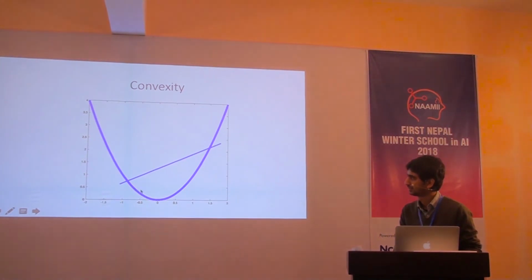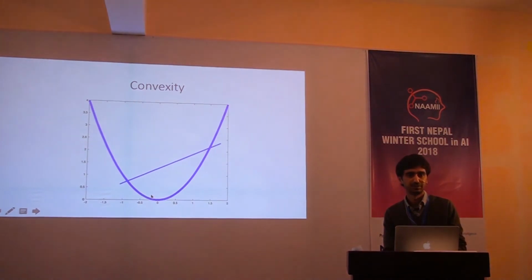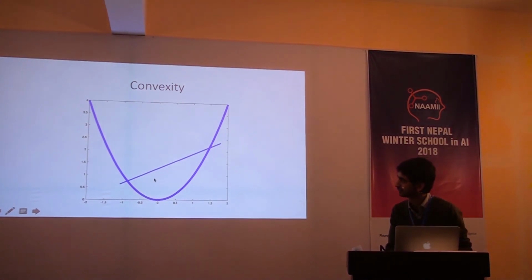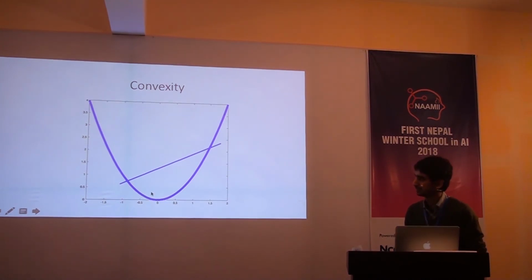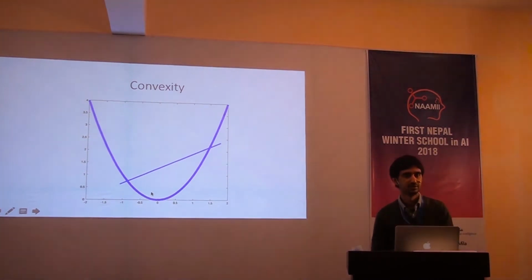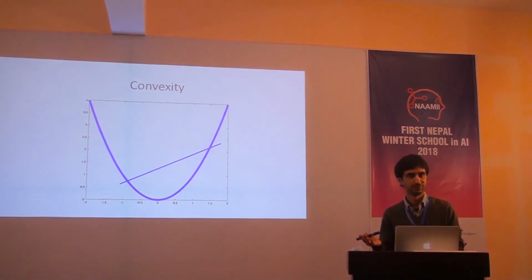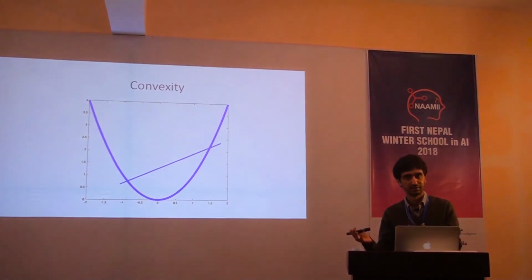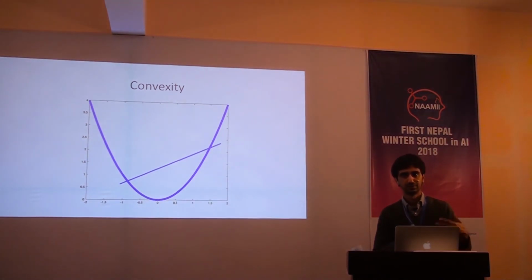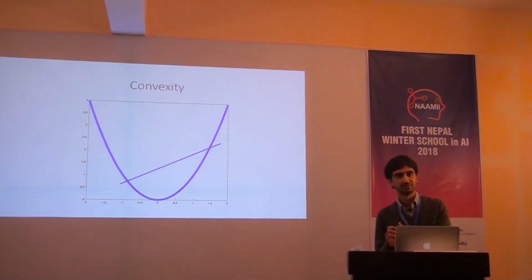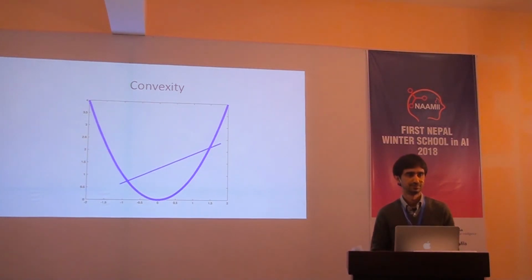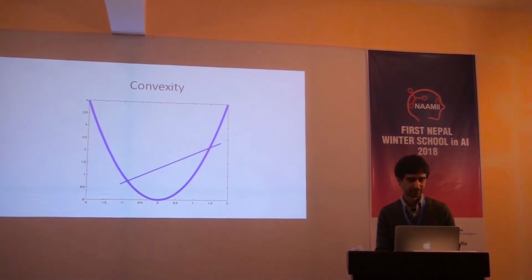The nice thing is that you have very efficient ways to optimize it. So if you come up with a function like y squared, and you want to optimize with respect to y, then it's a convex function, so you'll likely get to the best minimum. We will not go into detail of convex functions.